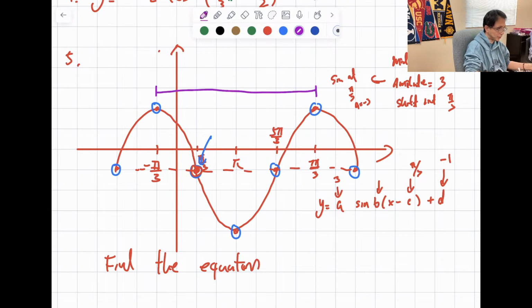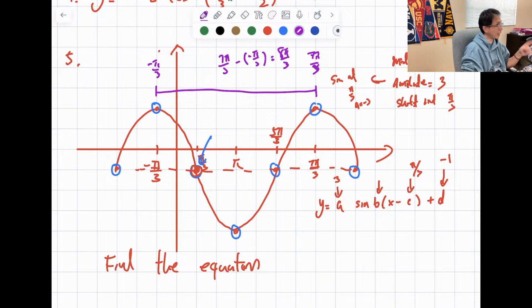That's called peak to peak. I know that's a period, so I have 7 pi/3 here, and -pi/3 here, sorry, can't read. I can do 7 pi/3 minus -pi/3. So the distance is 8 pi/3. Does that make sense?